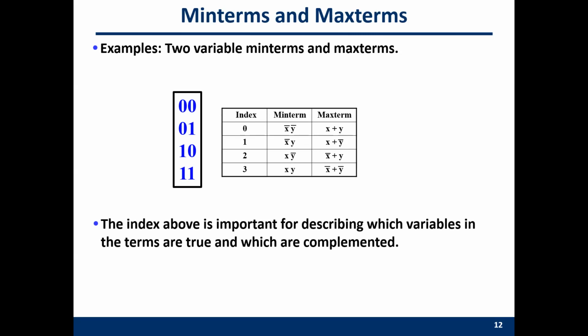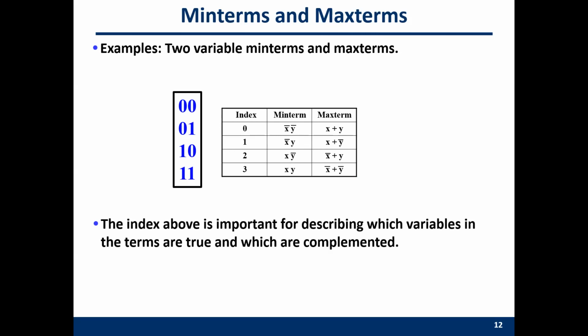So we can see that if we apply a bar here and apply a bar on the x bar and the y bar, so if we apply a complement operation on this minterm, then we can exactly convert it into its max term, which is x or y, because of the De Morgan law.